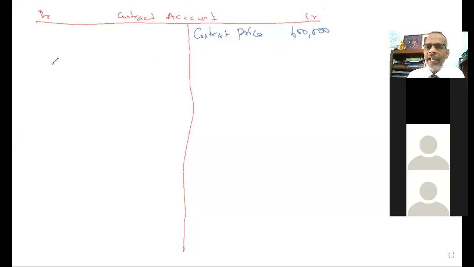I will quickly go through. After contract price, what is the expenditure? 100,000. Yeah. Material. Okay, material. Material is the expenditure. I am writing here.